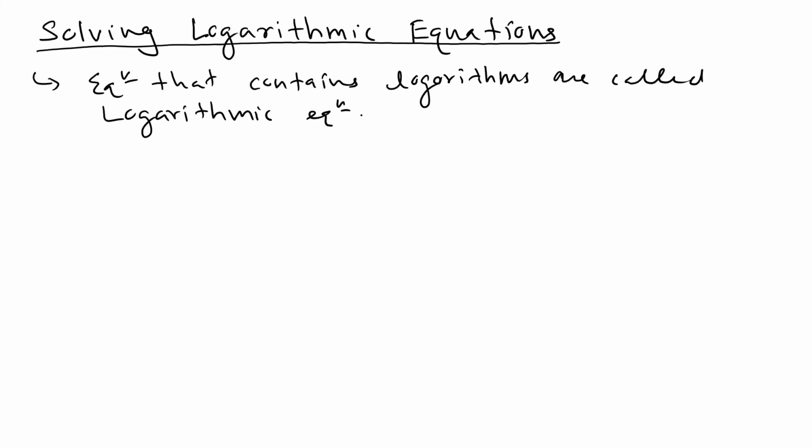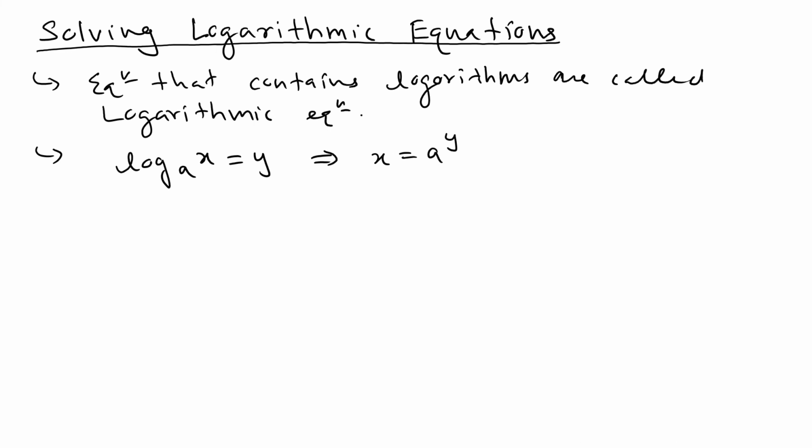One of the basic ideas is, if you have a logarithmic equation, we're gonna convert this into an exponential equation. So if we have log base a of x equal y, we can write the exponential equation, x equal a to the y. Then we're going to follow the steps that we use when we solve exponential equations, such as equating.